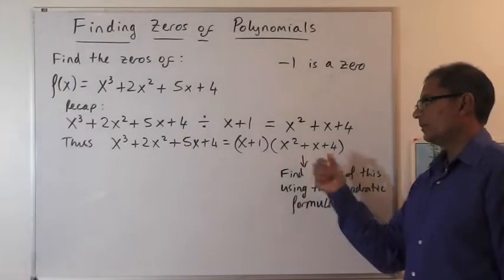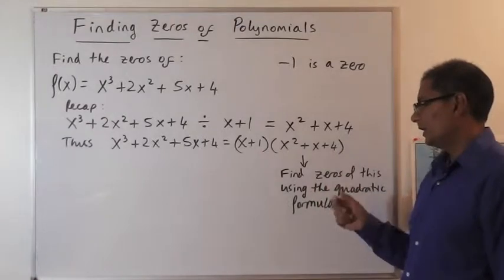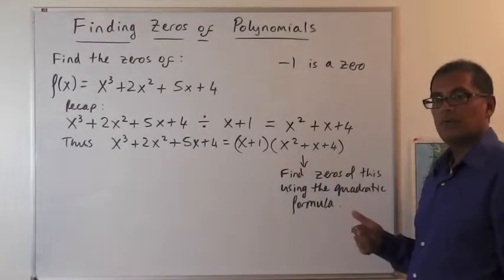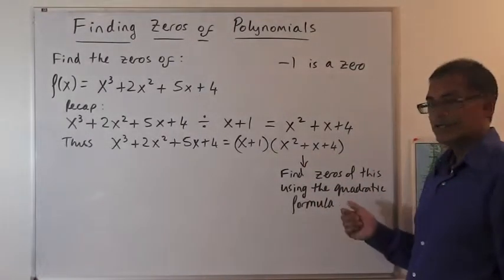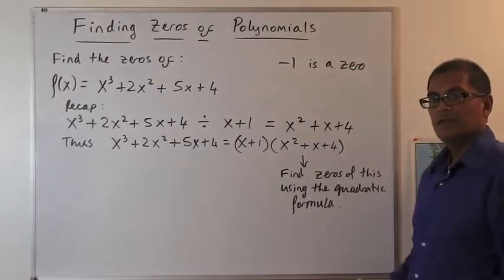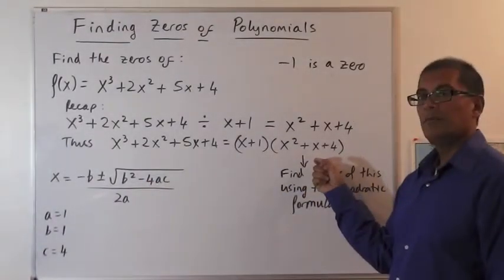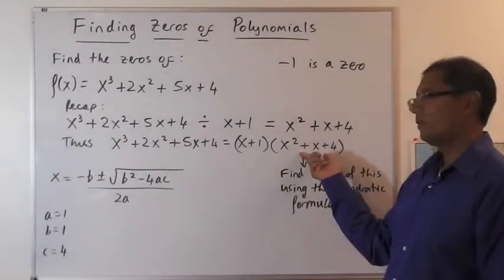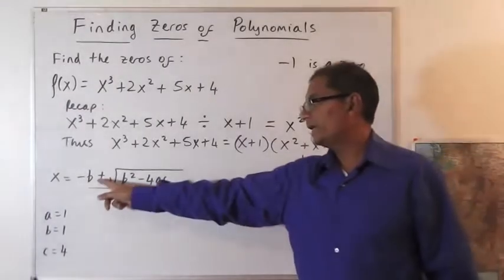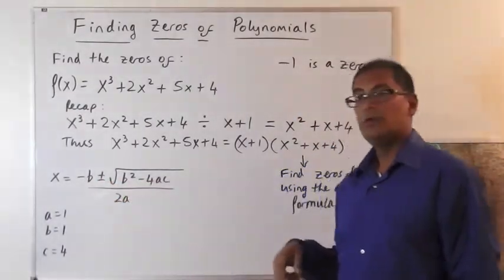Now we want to break down this quadratic polynomial a little bit further. And the way to do that is we can find the zeros of this quadratic polynomial using the quadratic formula. So let's do that. So the quadratic formula says the zeros of this quadratic polynomial are given by negative b plus or minus the square root of b squared minus 4ac over 2a.